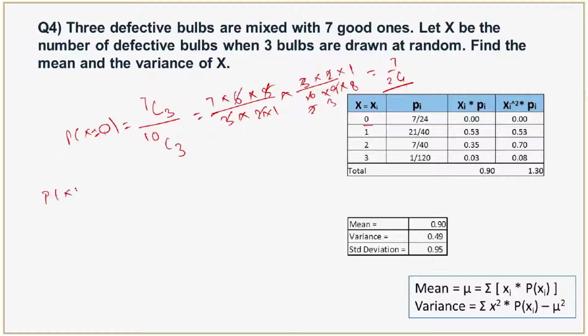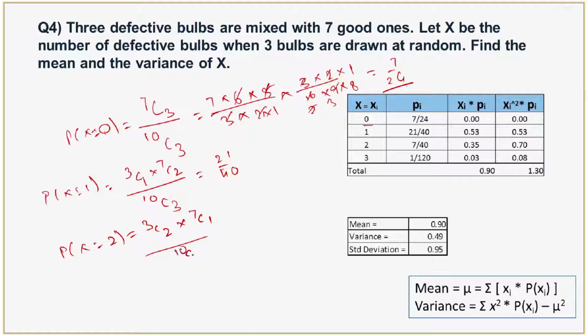When you're drawing one defective bulb, you are drawing one defective bulb out of 3, and the remaining 2 have to be drawn from non-defective bulbs. You divide it by the total number of ways, and that will be 21 by 40. Similarly, P of x equal to 2 would be 3C2, drawing 2 defective out of 3 defective bulbs, multiplied by 7C1, divided by 10C3.